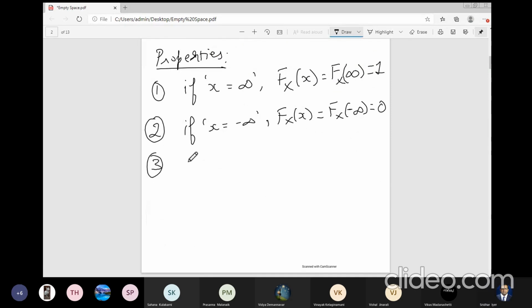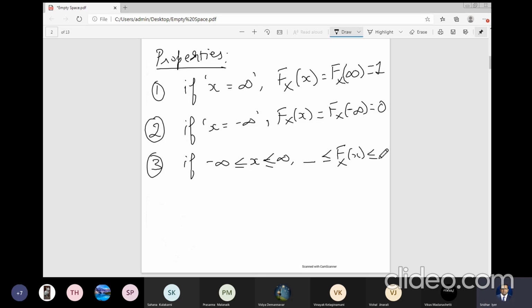Third property. Okay. Now, if x is between minus infinity to plus infinity, then what would be the range for the CDF? What should I fill? What should I write here?